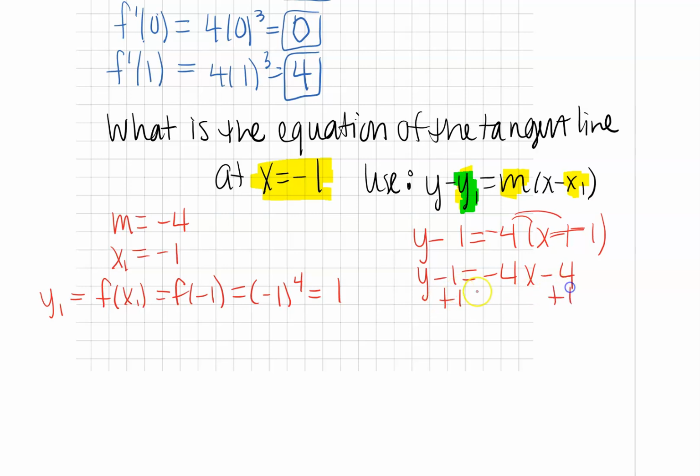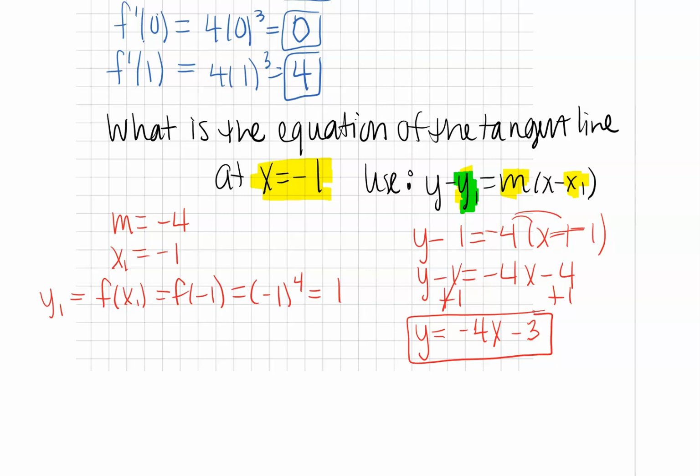So I'm going to add 1 to both sides. I get y equal to -4x, see, -4 plus 1 is -3. And I now have an equation of a line at x equals -1. And that equation is y equals -4x minus 3. So we just found the tangent line.